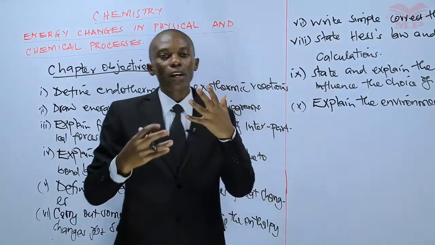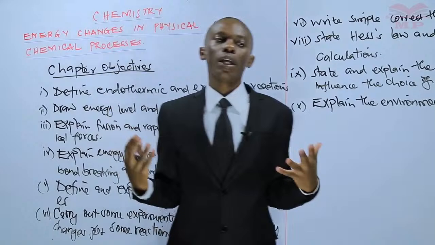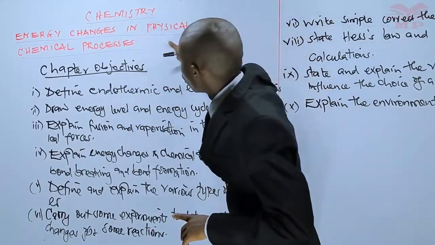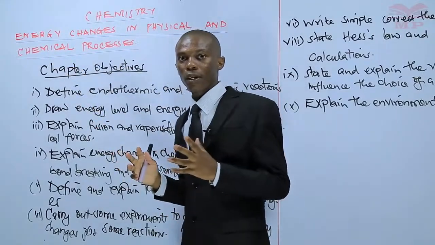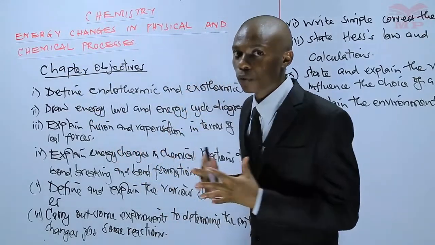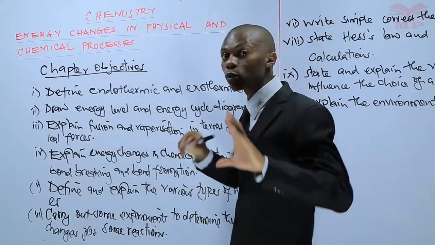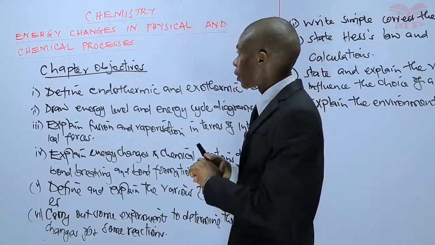Those are some of the things you need to remember as we go through this topic, energy changes in physical and chemical processes. I gave you two examples of physical processes, the candle wax and the zinc oxide.